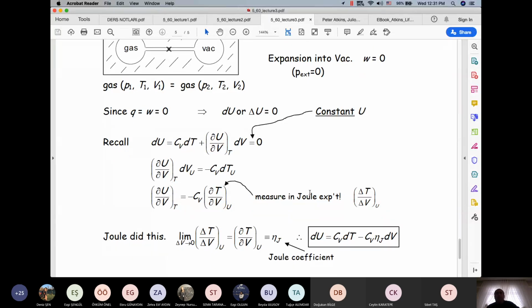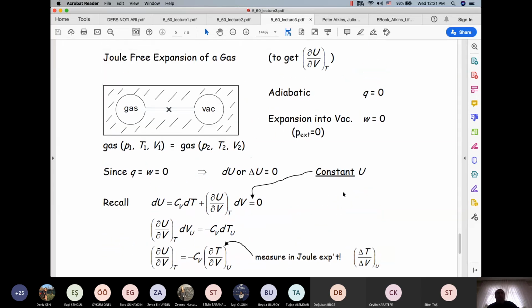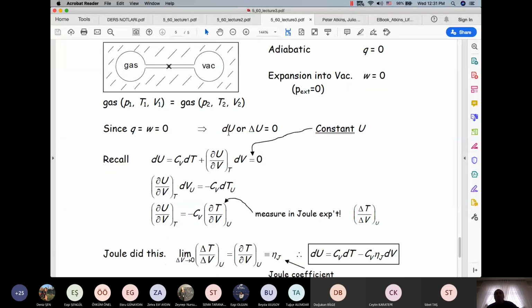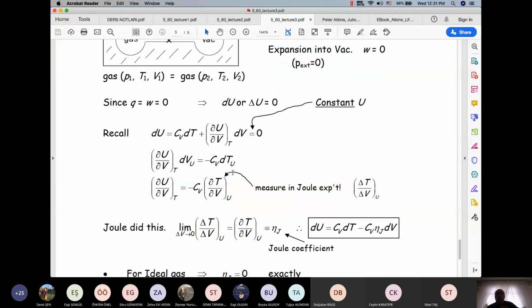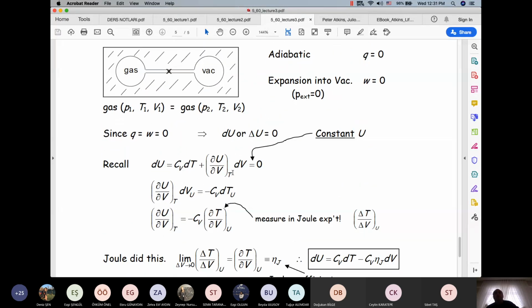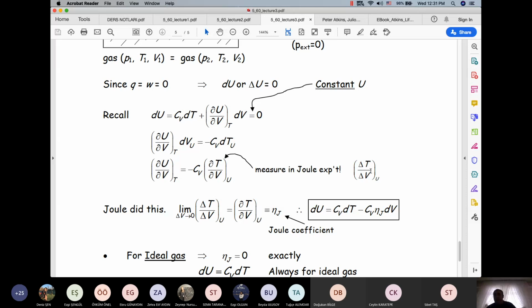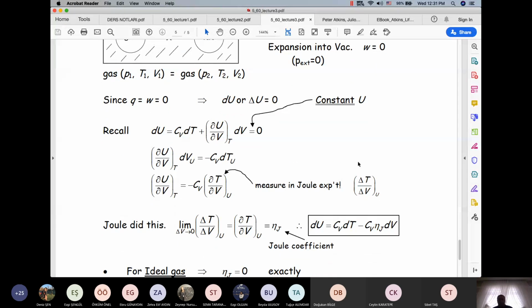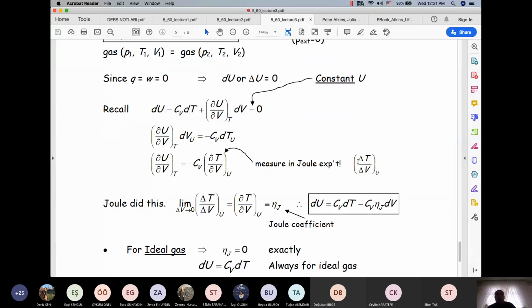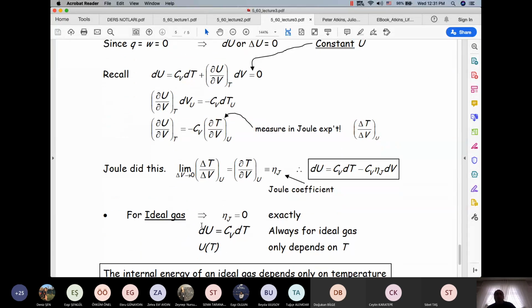Ve bunu ben deneysel olarak ölçebilirim diyor. İşte burada temperature'ı volüm değişimiyle ölçebiliyor arkadaşlar. Ve hatta perfect gazlar için bu deneyi yapıyor ve sıcaklık değişiminin hiç olmadığını görüyor. Volümle sıcaklığın değişmediğini görüyor ve burada ideal gazlar için bu eşitliği kabul edebiliyoruz.